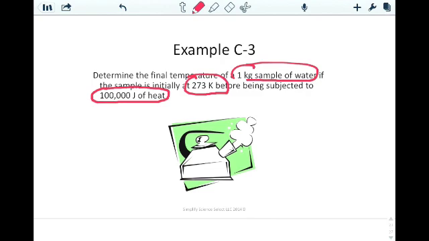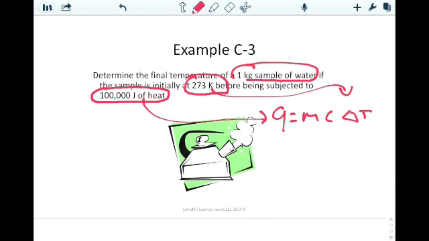Okay, now using our equation, Q equals MC delta T, we see that we have our Q, we have our initial temperature, and we have the mass of the sample. So all we need is our specific heat, and then we can solve for it.